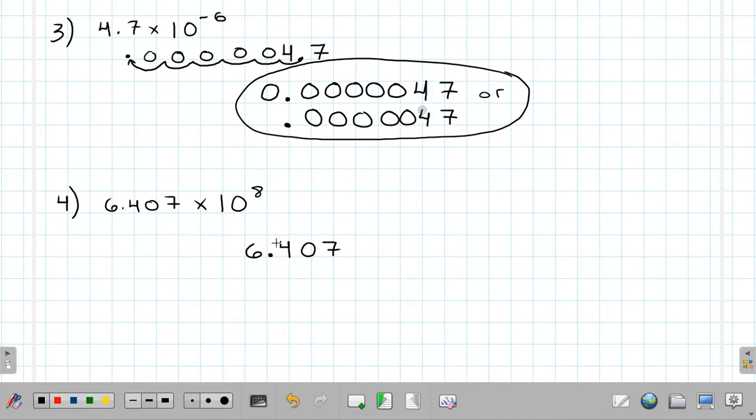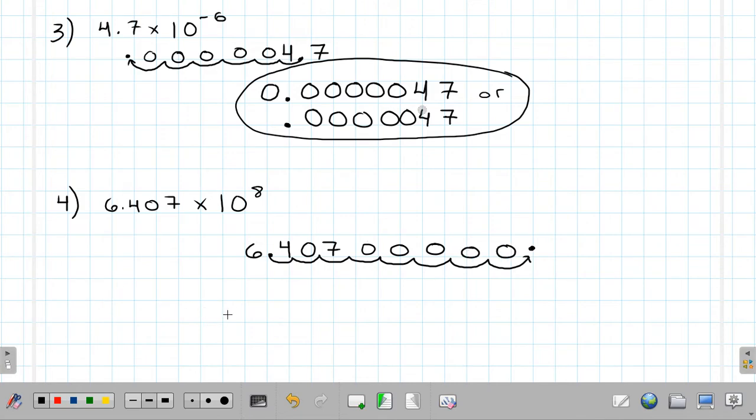And that means, okay, we're going to move this decimal 8 places, and since this is positive, to the right. Okay, so that means we're going to go 1, 2, 3, 4, 5, 6, 7, 8. And the decimal is going to end up right here. So that means all these empty spaces, there will be zeros.